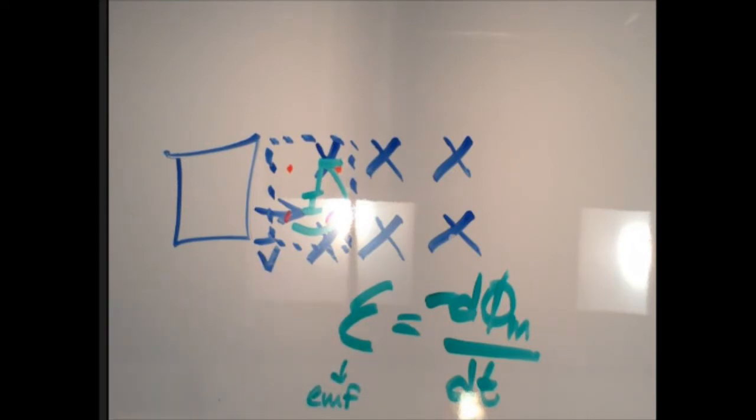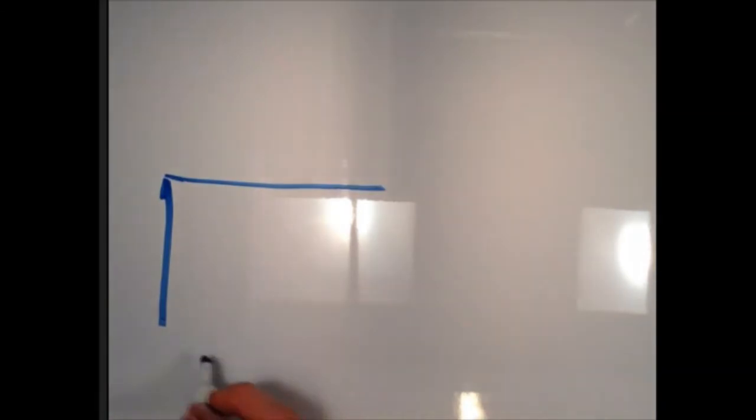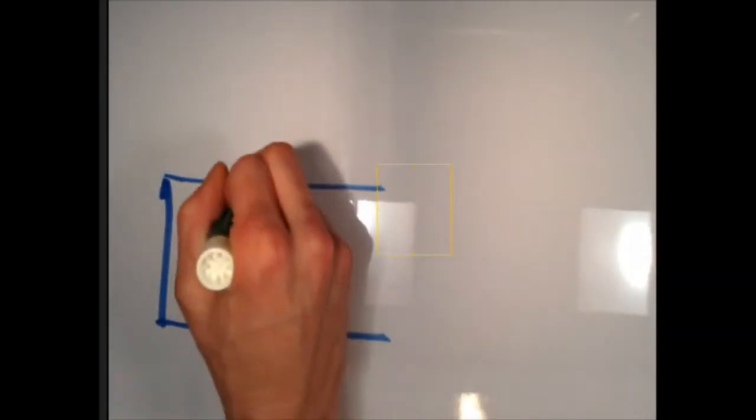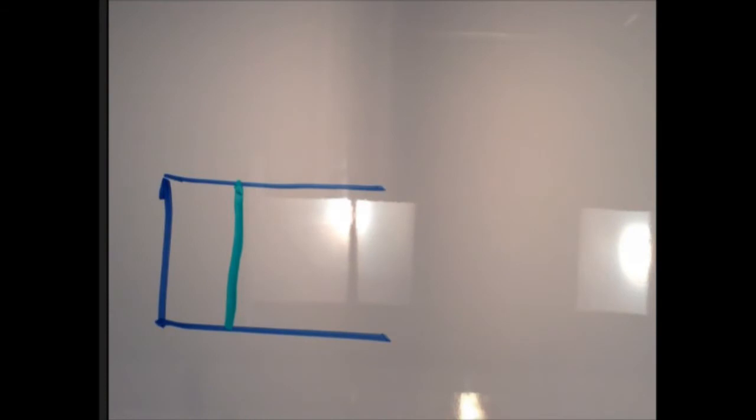So let's try a different example here. Let's say that I've got a wire, and then it kind of goes this way, and then this way, and I've got this guide rail, this conducting piece of metal that can slide side to side, okay?